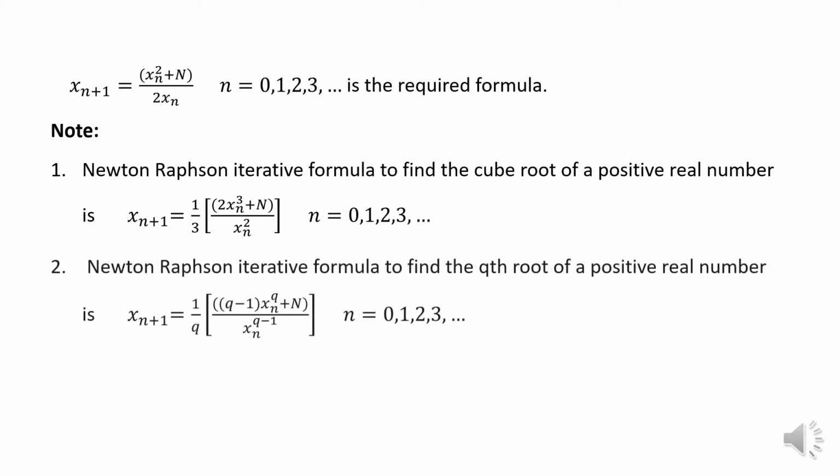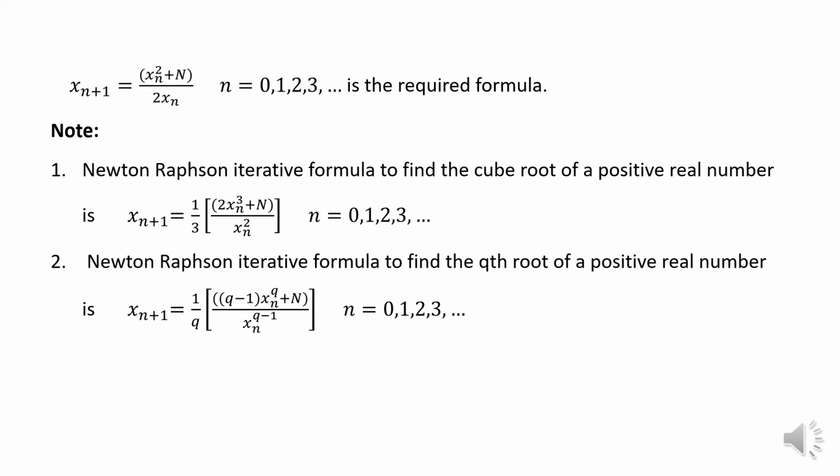Also, I can find the general formula, that is to find the qth root of a positive real number using Newton-Raphson method: x(n+1) equal to 1 by q into ((q minus 1) times xn power q plus n) whole divided by xn power (q minus 1), where n ranges from 0, 1, 2, 3 and so on.